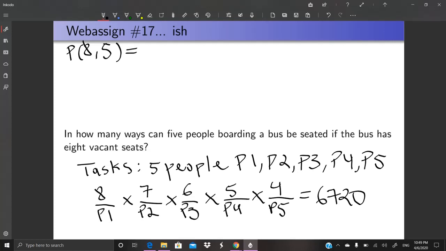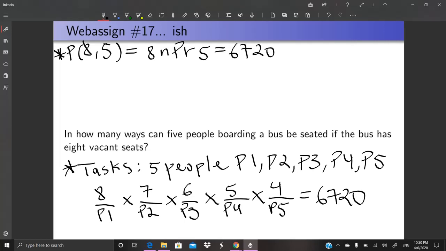So you'd say 8, then your nPr 5, and then your calculator is going to spit out the same number, 6720. So you can do it the way we've done it here with the number of tasks and the number of ways to perform those tasks, like 6.3, or you can do it the way of this section, and both ways work.